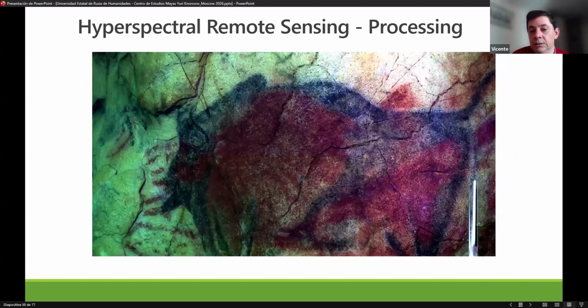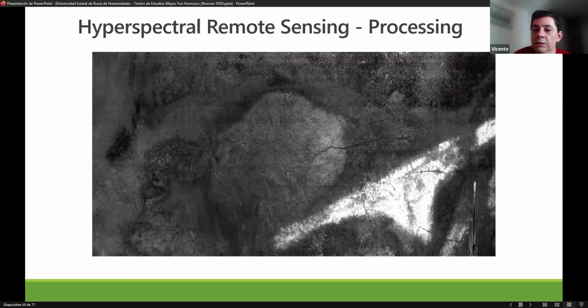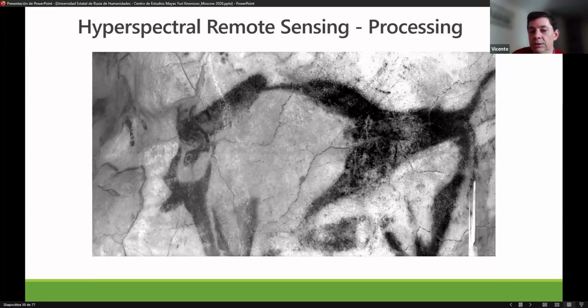And here, this is one famous bison. You will see a claviform here. This claviform is below, is older than the bison. But when they painted the bison, they respected the claviform symbol. So thanks to the hyperspectral remote sensing, we can isolate this signal and document how this claviform was, through the remote sensing techniques.